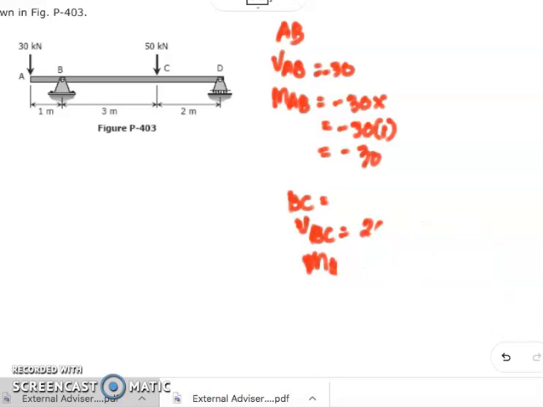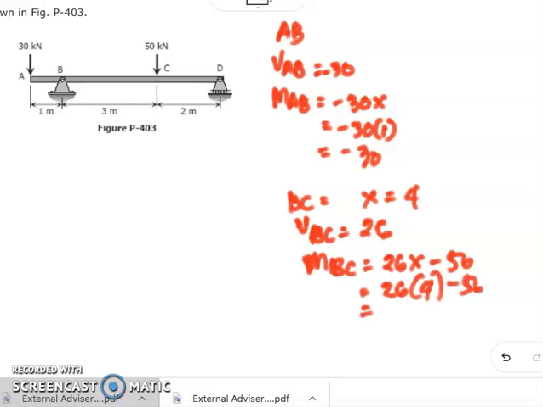This is positive, moment BC is positive 26x minus 56. So for member BC, our x here is equal to 4. So that is from point A towards point C. So this is 26 times 4 minus 56, and this will give us 48. So we have now the value for our moment.